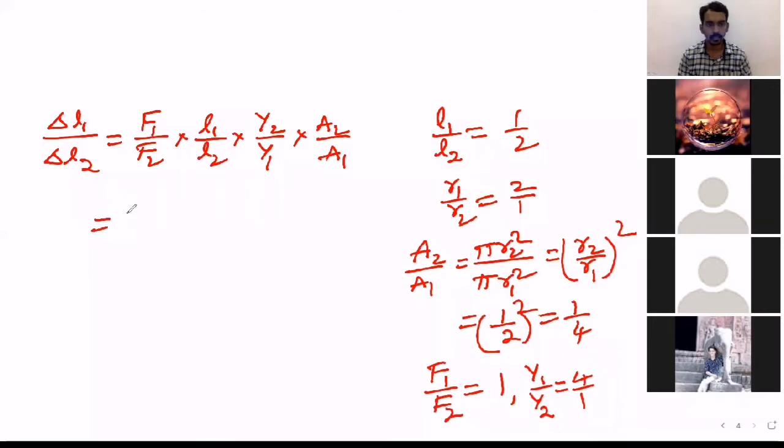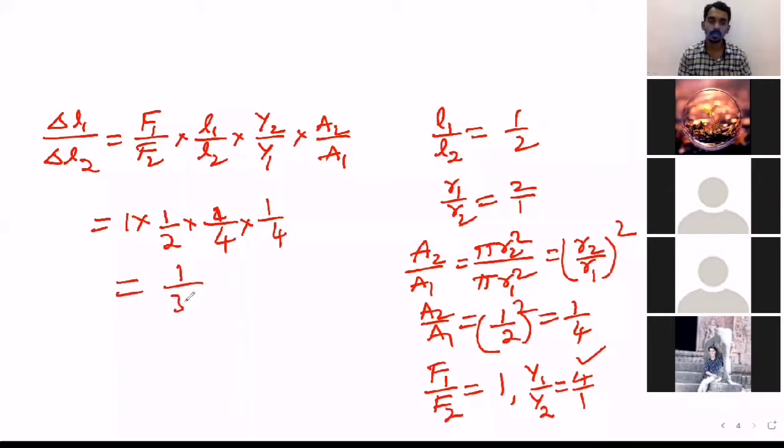Now you take here, this is 1, this is 1/2, oh here Y2 by Y1, but they have given Y1 by Y2. So the ratio will become 1/4. A2 by A1 we found already, it is 1/4. So 4 times 4 is 16, and 2 times 16 is 32. What is the answer? 1/32. Yes.